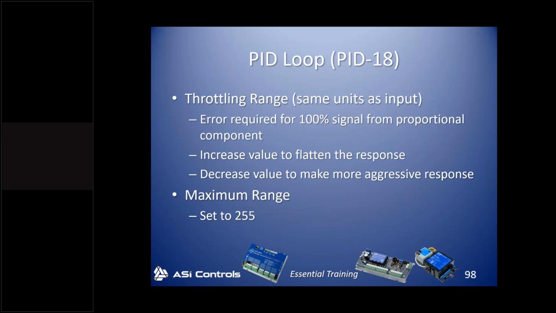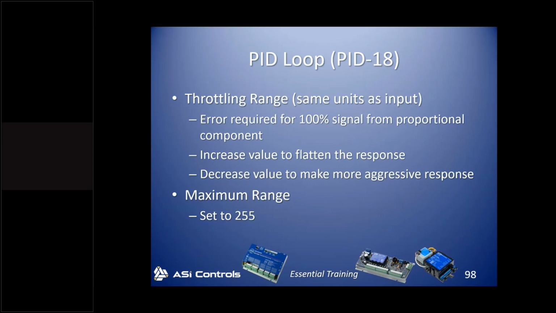But as far as an initial setting goes, I like to think of it as how much error I would want to have before I went to 100% signal from the proportional component. PID, just a little background, stands for proportional integral derivative.